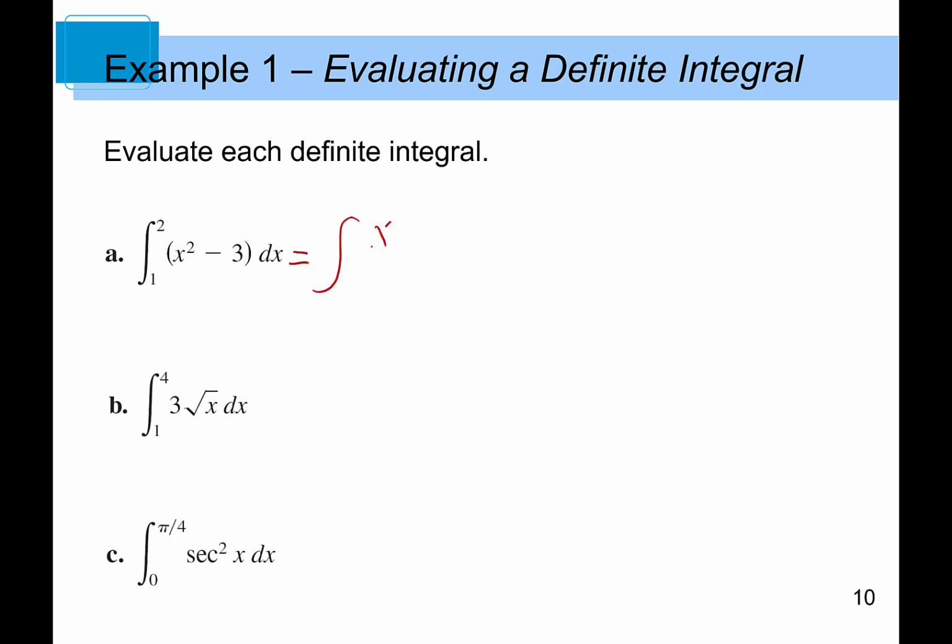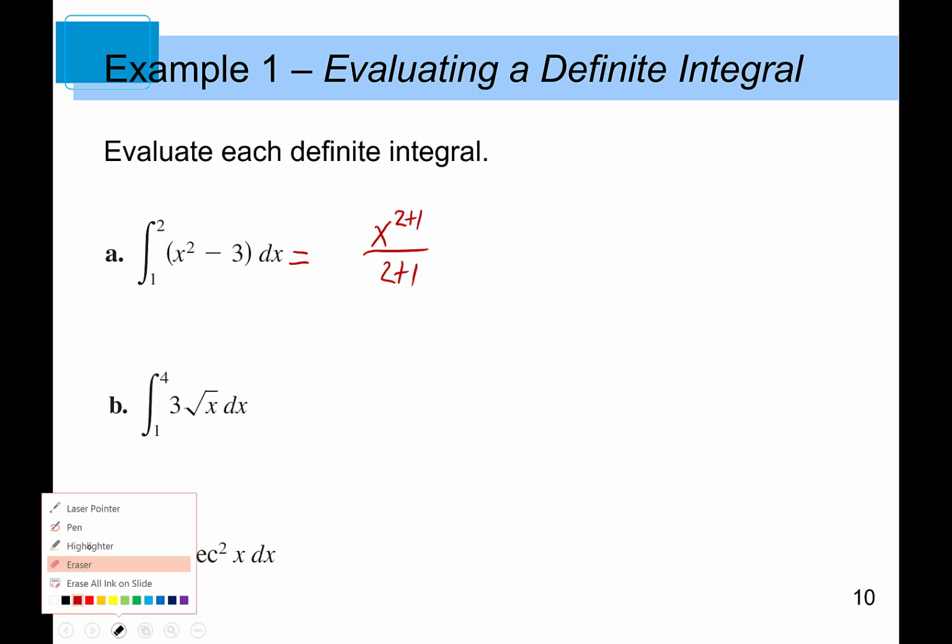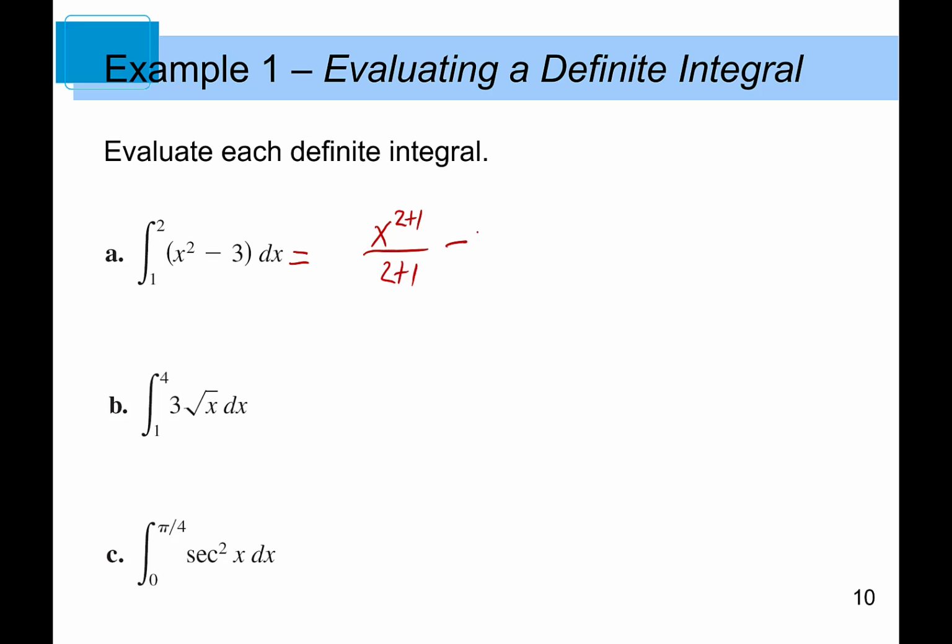So x squared, you apply the power rule, 2 plus 1 over 2 plus 1. And the antiderivative of 3 becomes 3x. Any constant becomes a linear term. Then evaluate with x from 1 to 2.